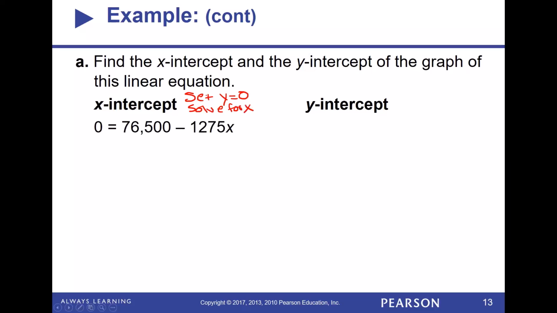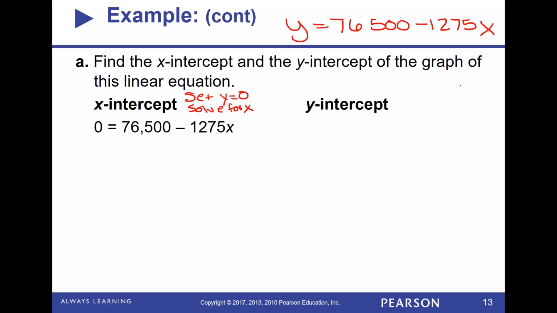In our case here, remember that the equation itself was y equals 76,500 minus 1,275x. Now that we have that, we plugged in our 0 for y, now we have to solve for x. As I begin solving for x, I'm going to want to isolate the term that has just x in it.